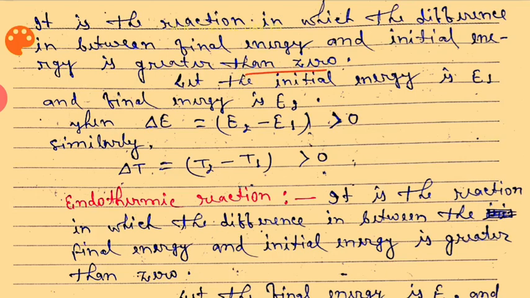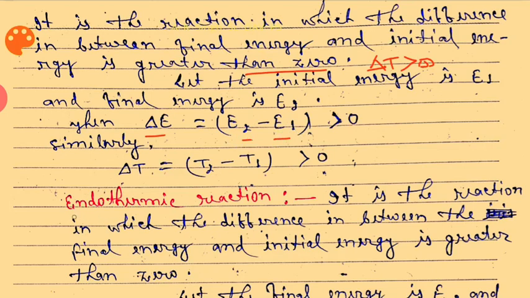In other words, you can say it is the reaction in which the difference in between the final temperature and initial temperature is greater than 0. So del E will be greater than 0 or del T will be greater than 0. It is better to say energy del E.